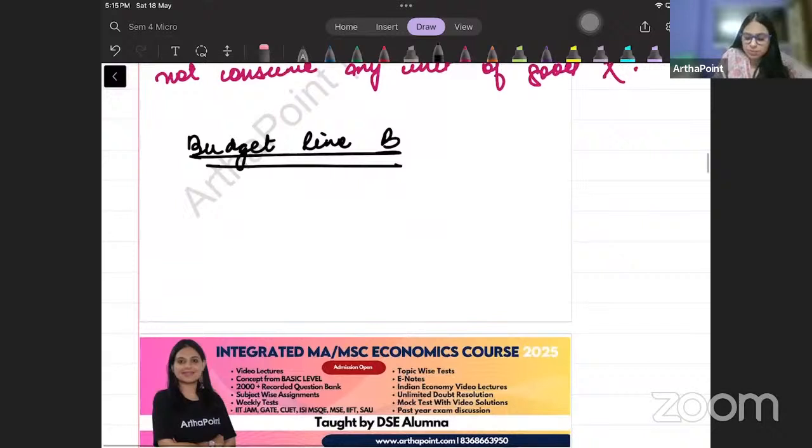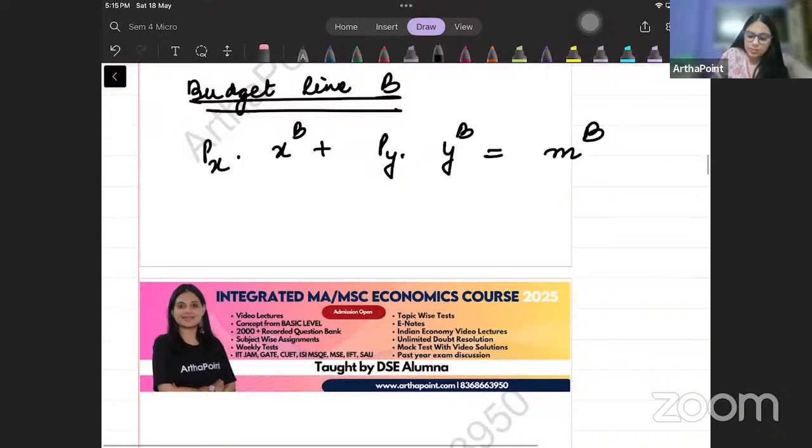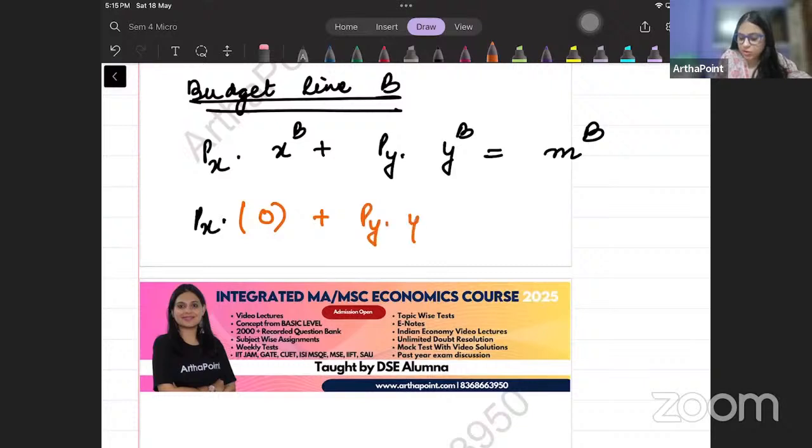Okay. Now, can you tell me what is the budget line of B first? So it is going to be Px into X plus Py into Y is equal to income of B. समझे? This will be Px into X. अब he wants to consume 0 units of good X. ये हमने अभी claim किया है. So this will be 0 plus Py into Y is equal to income of the consumer.